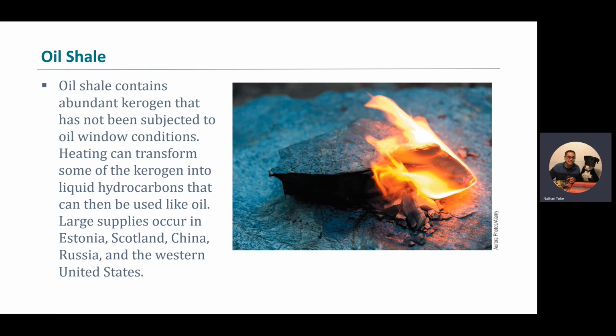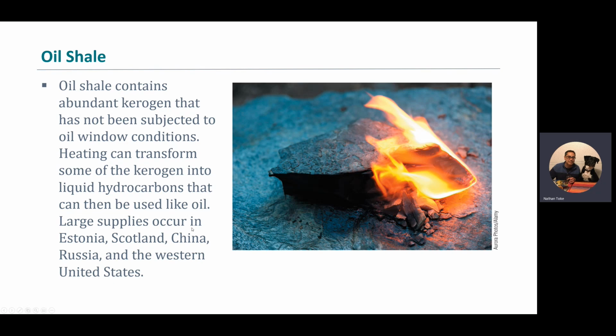Also, if we have the source rock near the surface, that is called oil shale. It may not have yet turned to oil. It may still be waxy kerogen. You pick it up and smell it. It smells like oil. If we heat it a little bit more, we can get the hydrocarbons out of it.